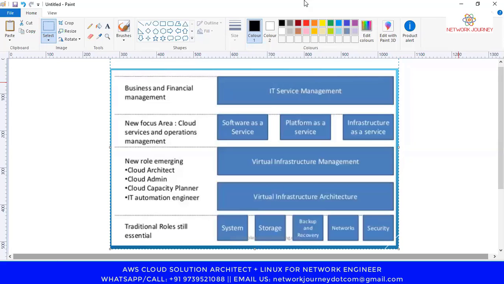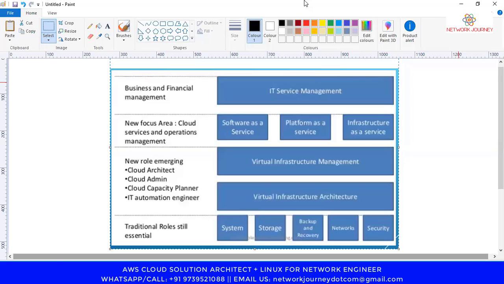Okay, very good. So you want to say pay as you go. Am I right? Yeah, we don't want to invest anything on our premises, so just take it as IT service management. From there, we can take care of all the services from the cloud. We pay and go to get the services.